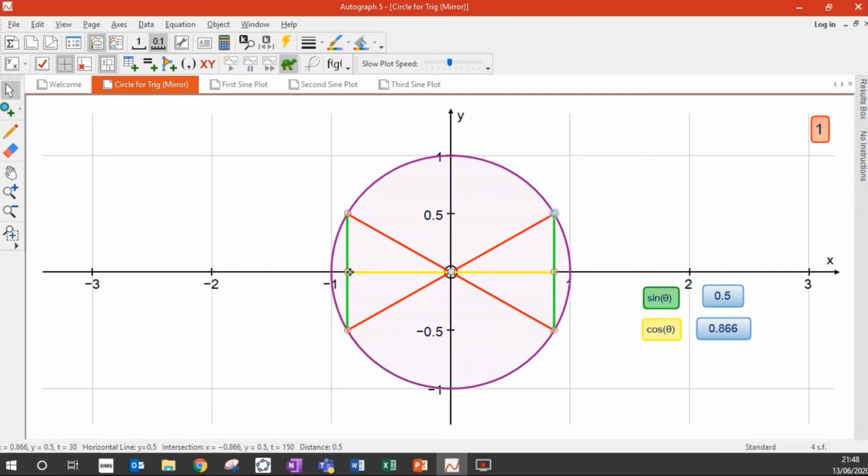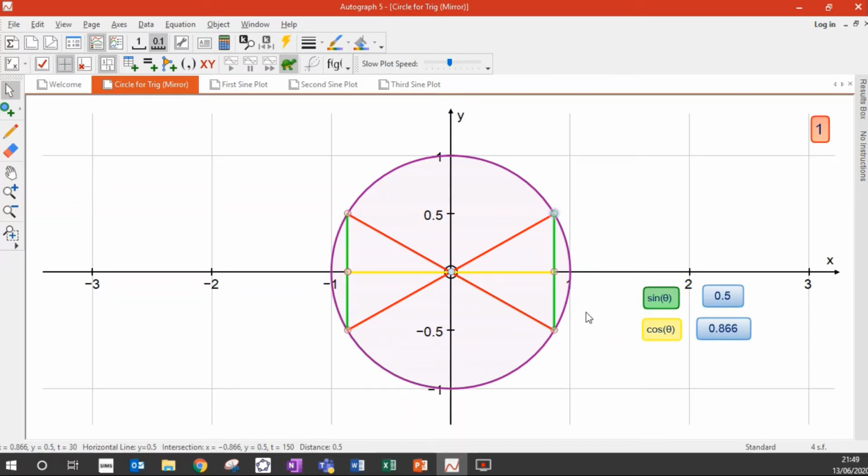The green line is the same length, it's still 0.5, but it's below the x-axis, so we're calling it negative. So this is negative 0.5. And then finally, this line here, to get from our starting point all the way around, is 330 degrees. So sine of 330 degrees is also negative 0.5.